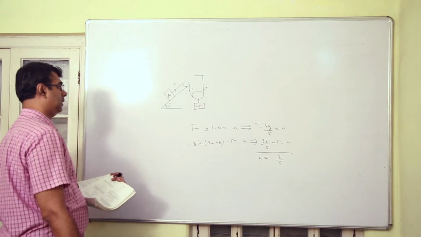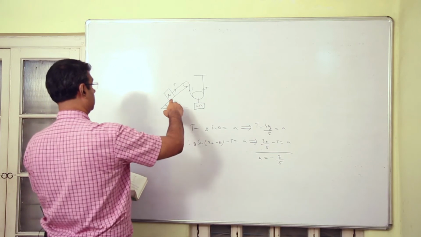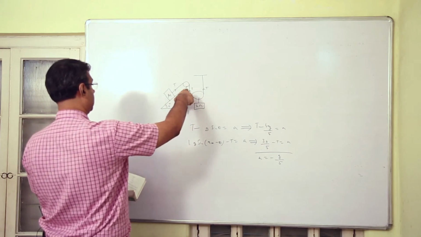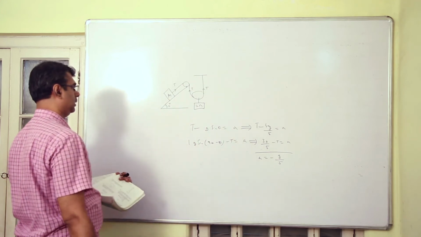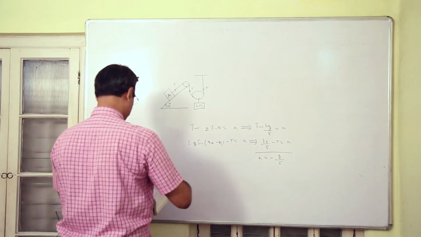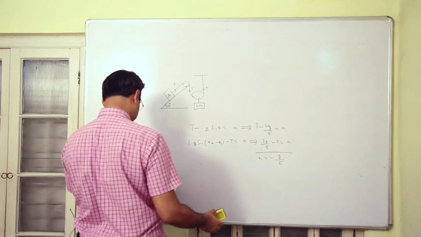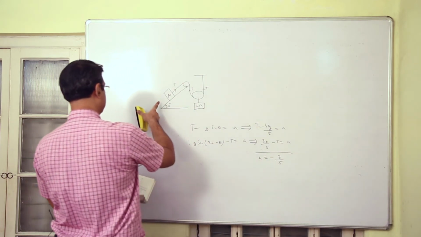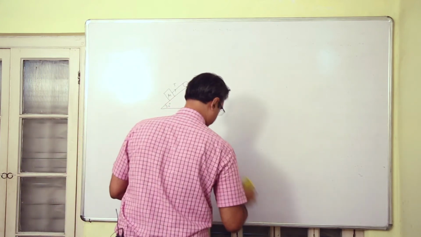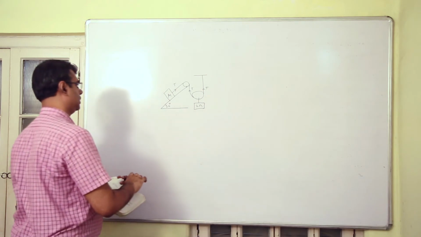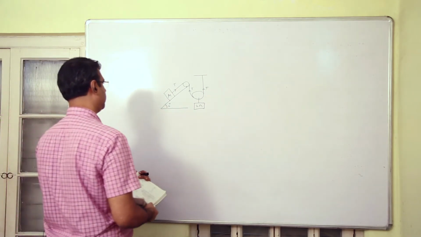It is placed on an inclined plane of angle 30 degrees, and this is a pulley that is on the plane, and there is another hanging pulley with the string clamped over here. This mass is 2m. So this is the situation for this particular question. You have to find the acceleration of this block, the block which is on the plane. That is the question. Now, how do we do these type of questions?